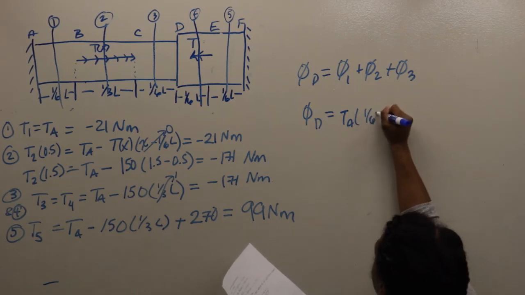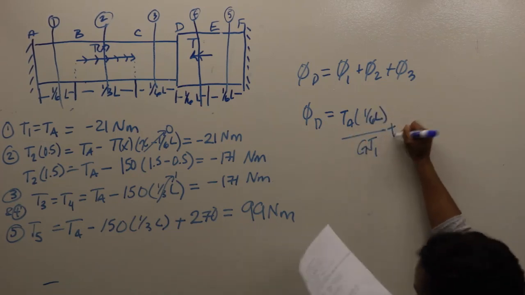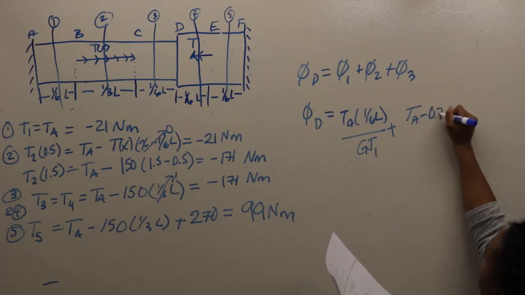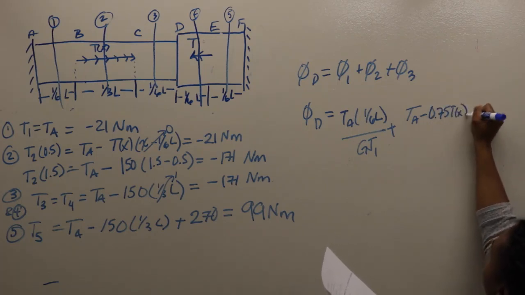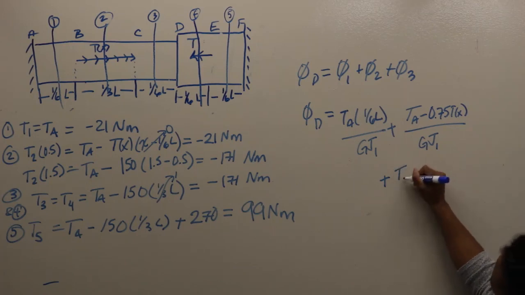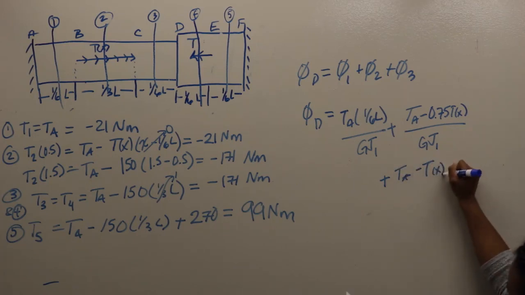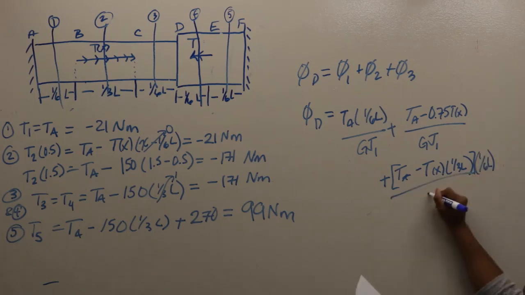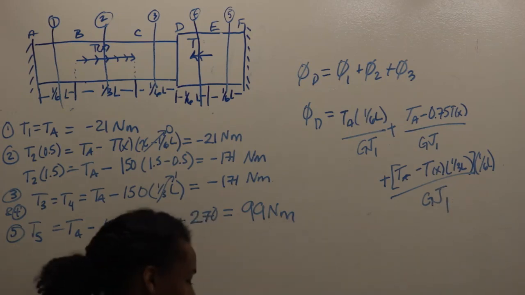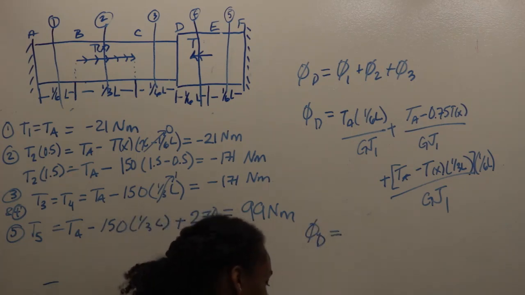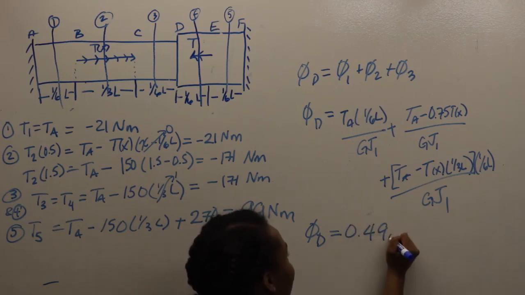So the angle of rotation at D equals TA times 1/6 L over GJ, that's TA minus, and then over GJ1 and then plus TA minus 150 times 1/3 L times 1/6 L over GJ1. So once you plug all the numbers in here, it should equal about 0.49 radians.